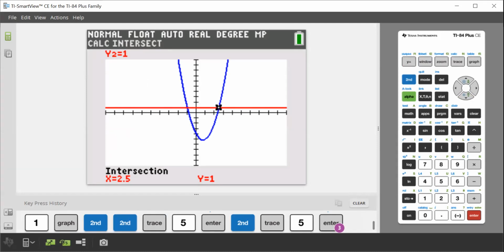If one side's equal to 0, we're looking for our x-intercepts. If the other side's not equal to 0, we're looking for where the two functions intersect each other. There it is. Easy peasy. Next lesson, we're going to get into a little more algebra, friends, and it'll get a little bit trickier. So I really want you to know how to solve by graphing. See you next time.